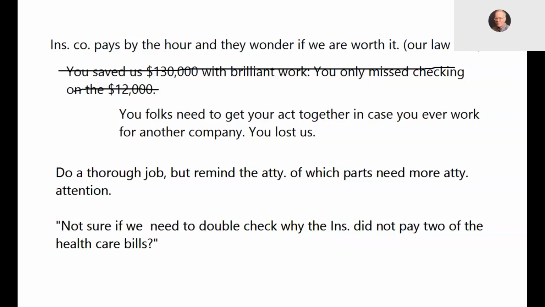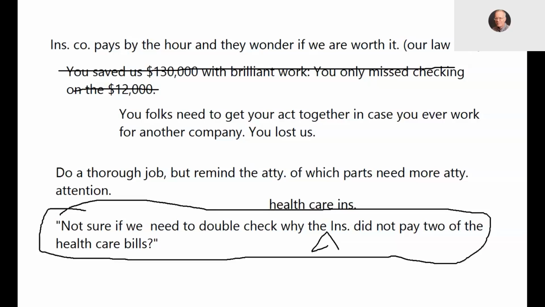If we're working for the auto company, for instance, isn't it possible that if the healthcare insurance didn't pay, maybe we shouldn't pay either? If it was not medically necessary or it seemed to have nothing to do with the car crash? Do you see where I'm coming from? Now, that may not be a legitimate defense to that element of damages, but you don't need to make the final decision. Just invite the attorney to help you double check it, okay?